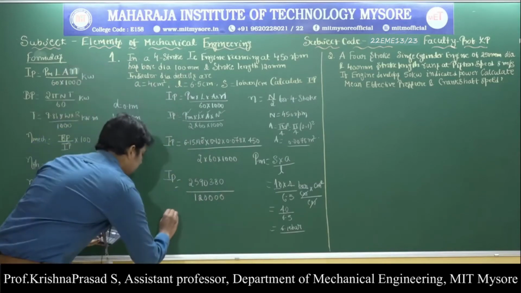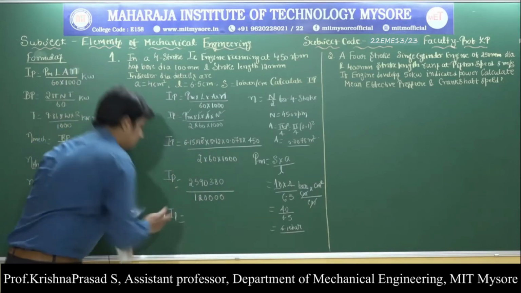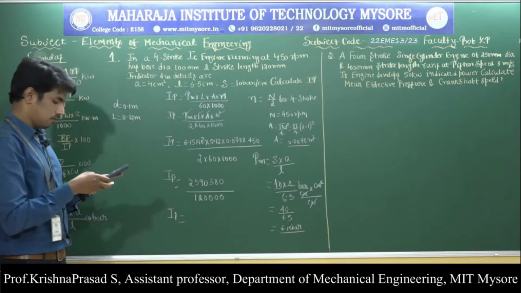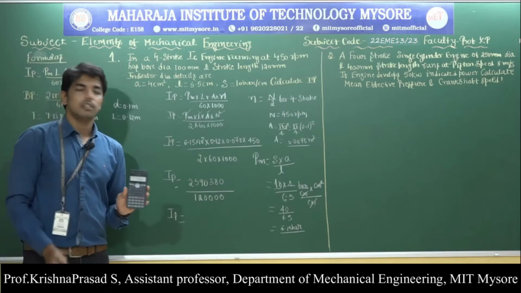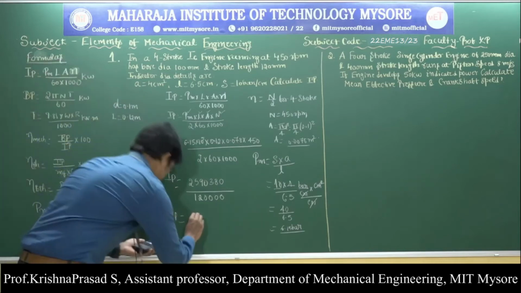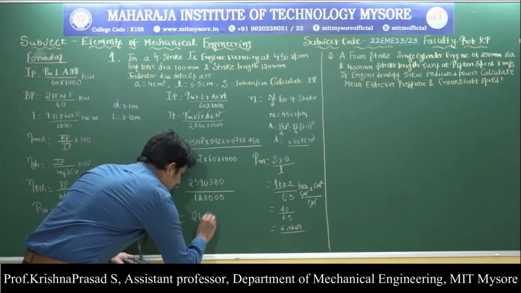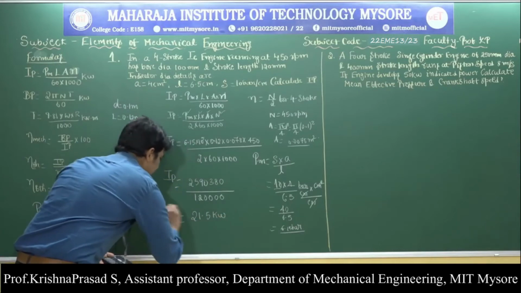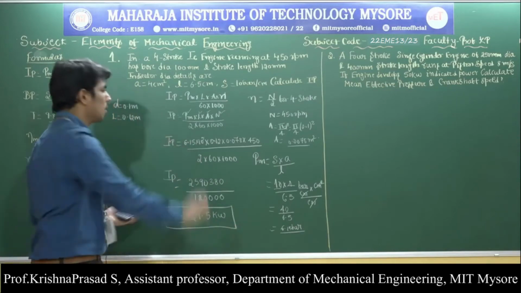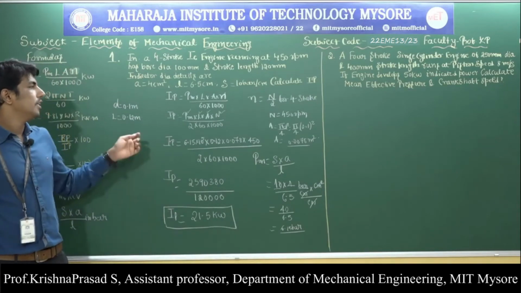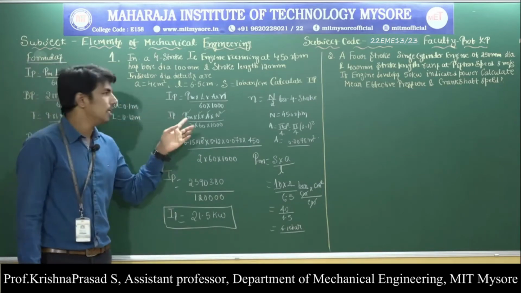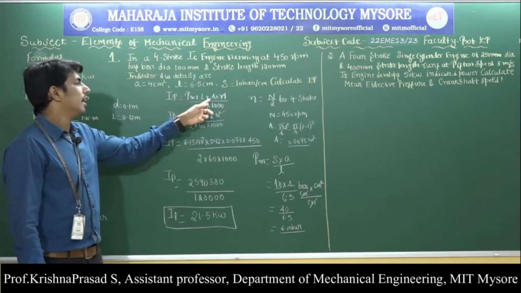So calculate the IP. So we got the IP value, it is 21.5 kilowatt. According to this problem, here we need to calculate the indicated power, that is PM into LAN.